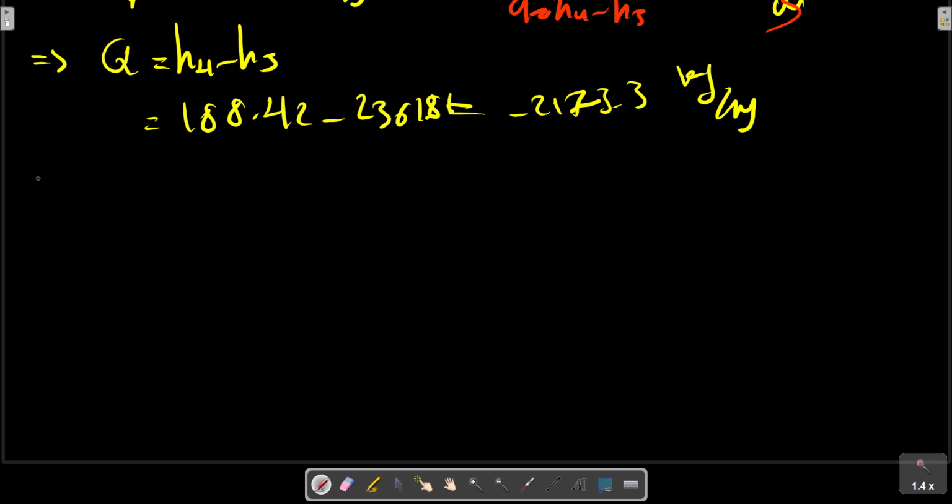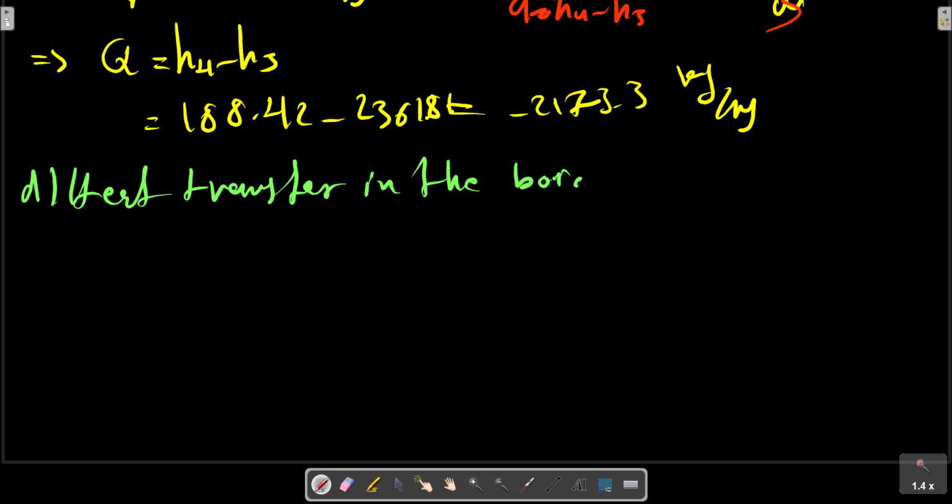And the last one is heat transfer in the boiler. For the boiler, we should consider point 5 and point 1. Consider the next page for the picture of the cycle, the diagram of the cycle.